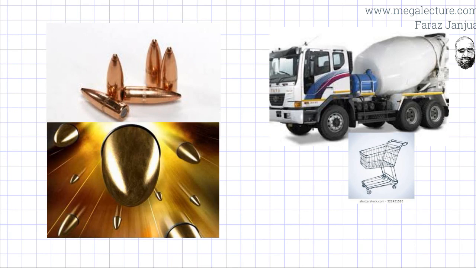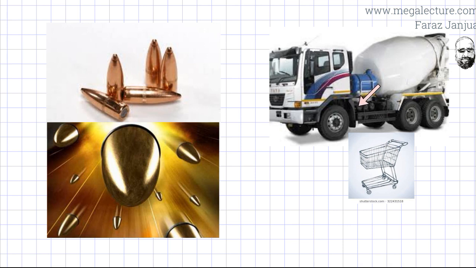Over here, you can see a concrete truck. That is a massive thing. We all must have seen one, or any truck or bus you can think of, a large vehicle. And this is a departmental store trolley, an empty one, nothing is inside.